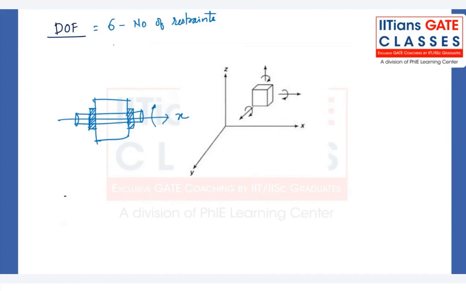So the total degrees of freedom in this case is 6 minus 5, that is only 1. That is how we can calculate the degrees of freedom for a pair.